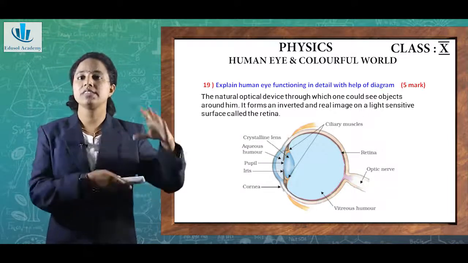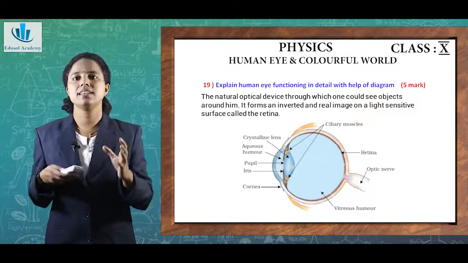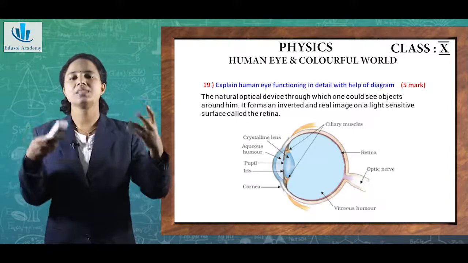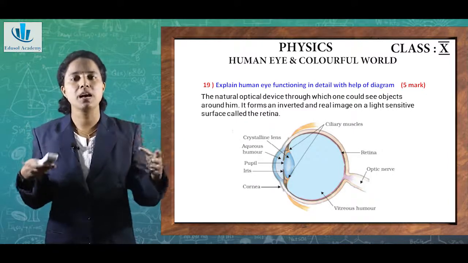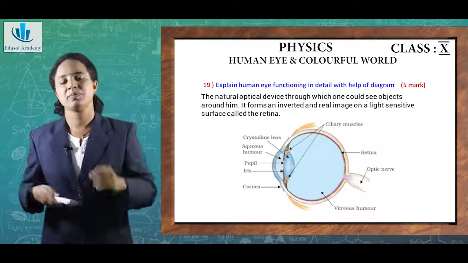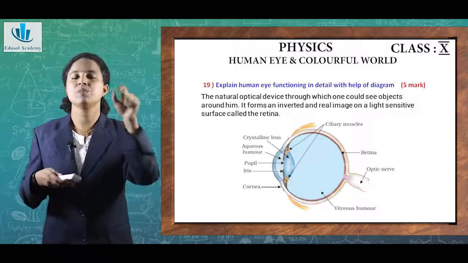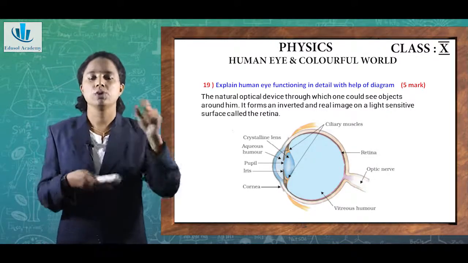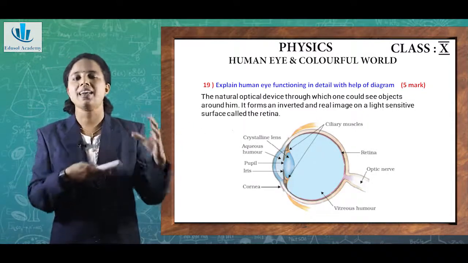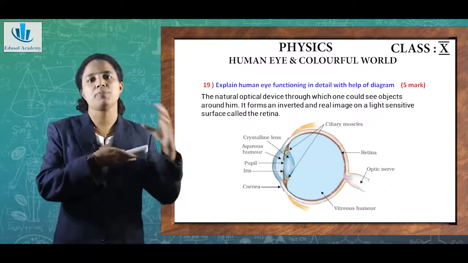What if we see a distant object? These ciliary muscles become relaxed and the focal length increases, as the eye lens also becomes thinner, and thus we see far off objects clearly. So ciliary muscles play a very important role so that our eye lens has the ability to adjust the focal length and have the power of accommodation.